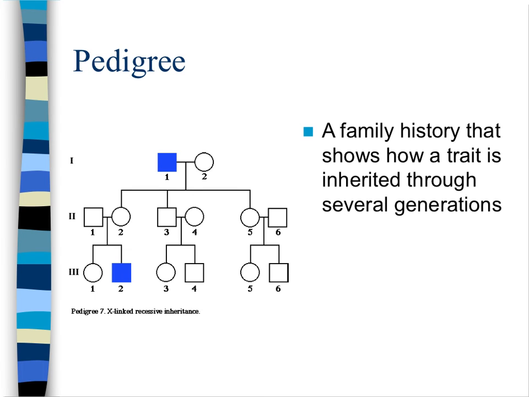If you want to follow a trait through several generations, a lot of times you'll use something called a pedigree. A pedigree is a family history that shows how a trait is inherited through several generations. So this only shows genetic relationships. What we have on the right-hand side of the screen here is a pedigree, and there are a few things that you should know.